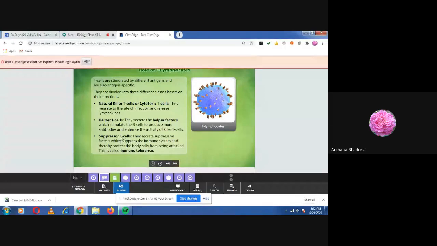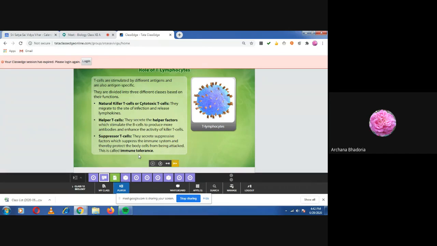And suppressor T cells, what will they do? They secrete suppressive factors which suppress the immune system and protect the body cells from being attacked. मतलब इम्यून सिस्टम, कुछ एंटीबॉडीज जो बॉडी की है वो कई बार बॉडी के ही own cells को भी डिस्ट्रॉय कर सकते हैं.